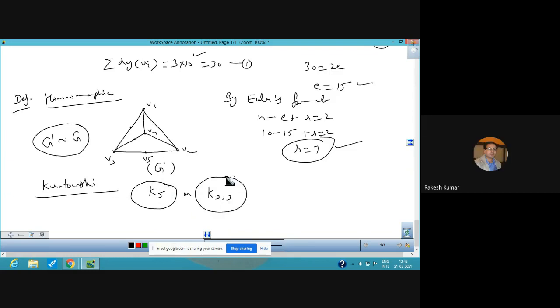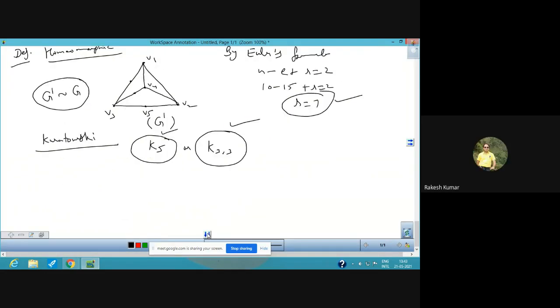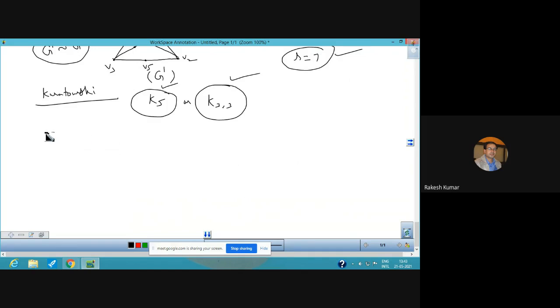So when will any graph be planar? If it contains a subgraph homeomorphic to either this graph or this graph. This is the result. Now we have a little question.